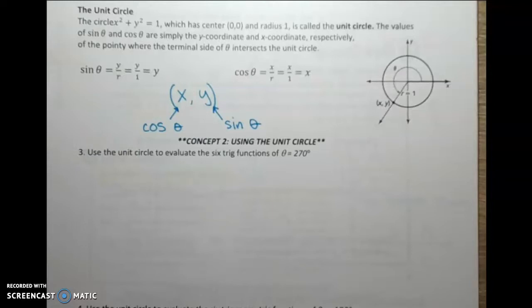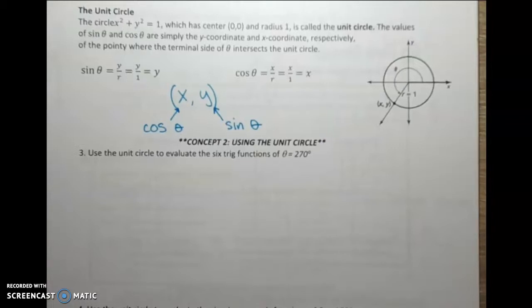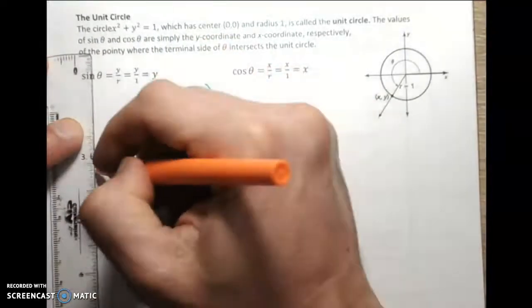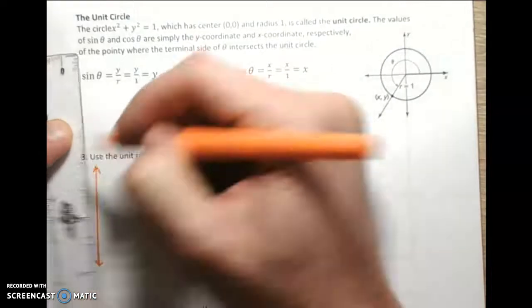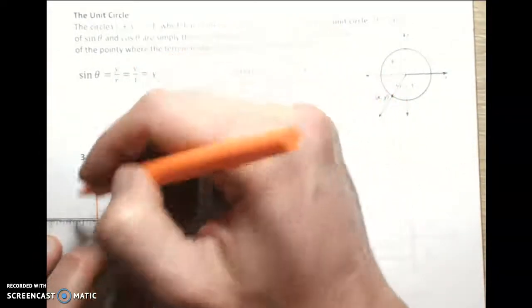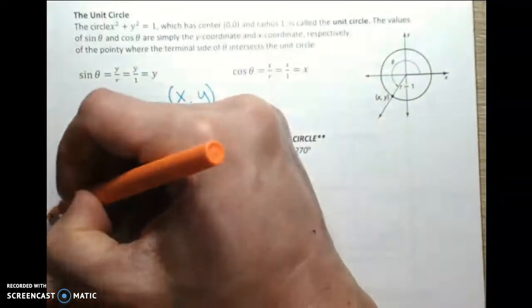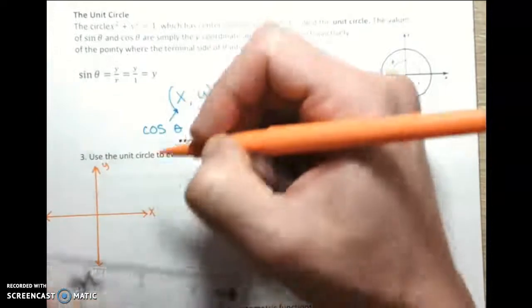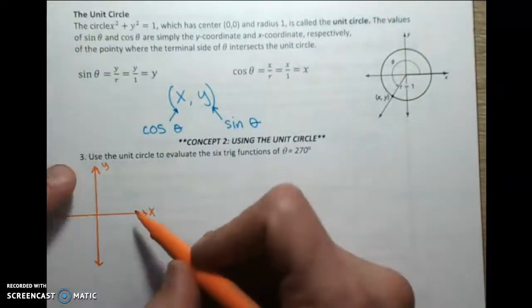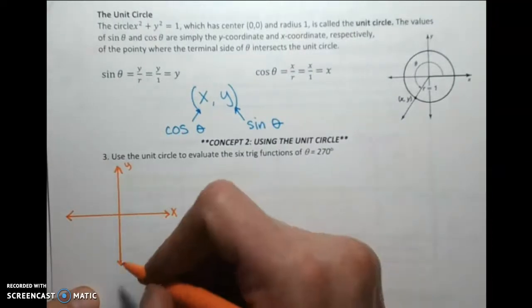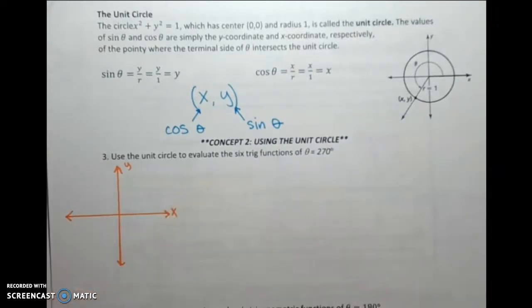It says, use the unit circle to evaluate the 6 trig functions of 270 degrees. I'm going to make a quick x. It goes 0, 90, 180, and then right down here is my 270 degrees.